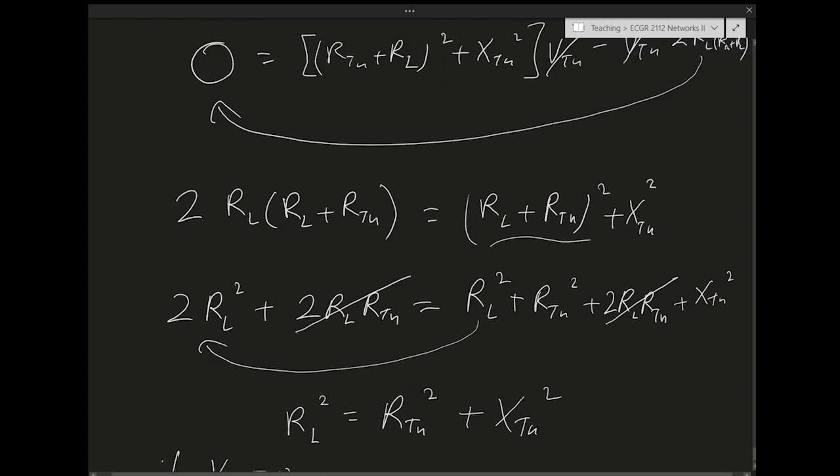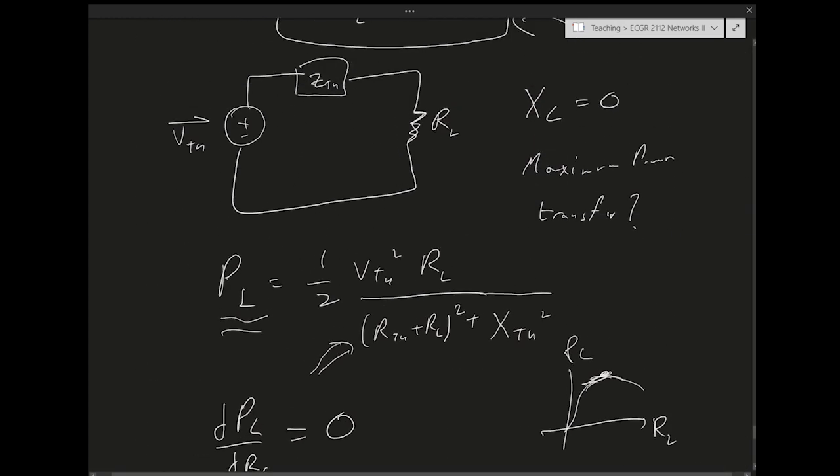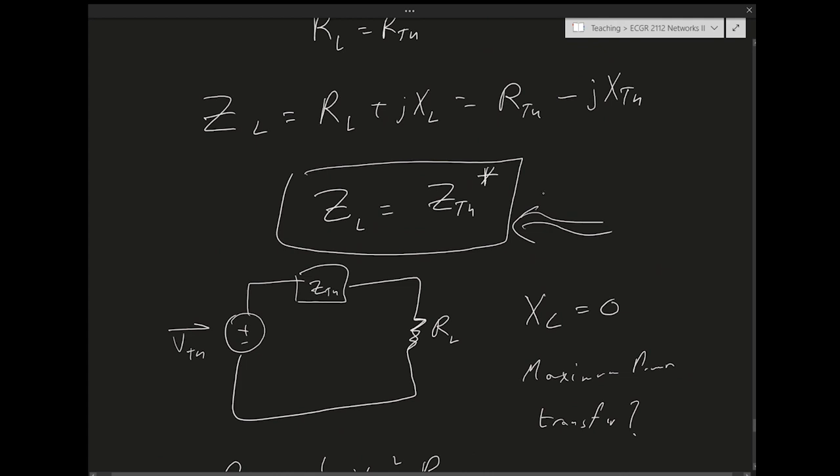Okay, but for the most general case, where the load can have reactive components and resistive components, this very simple formula tells you when maximum power transfer occurs. It occurs when simply the load equals the complex conjugate of the Thevenin impedance.